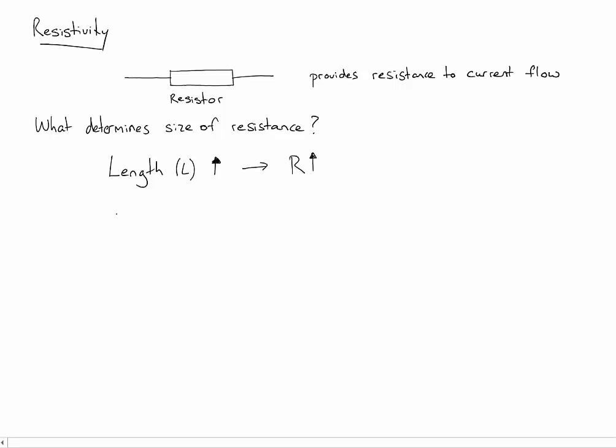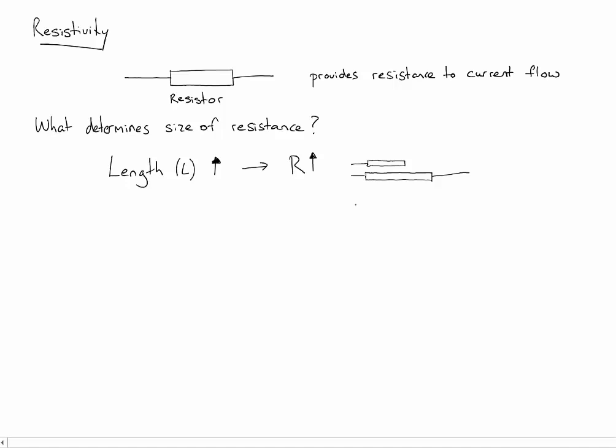If we have a higher cross-sectional area, so first of all I'll just draw a short resistor versus a long resistor, and of course a resistor is actually a long piece of wire all curled up inside.